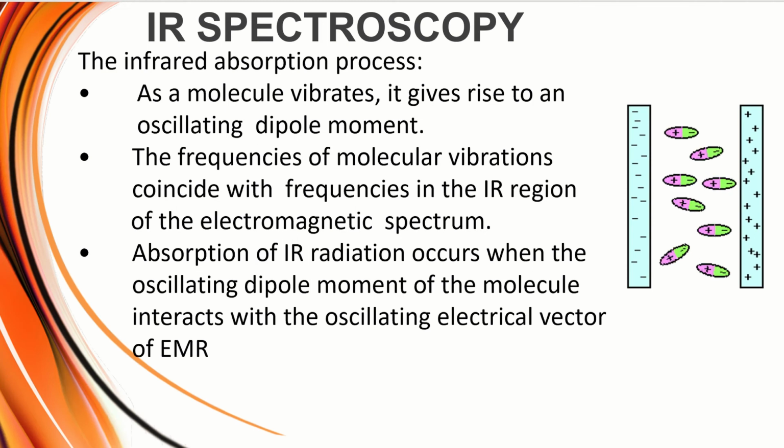So what is the process of infrared absorption? Well, as a molecule vibrates, as we can think of a molecule as balls and springs, as it vibrates, it actually gives rise to an oscillating dipole moment. So what is a dipole moment?